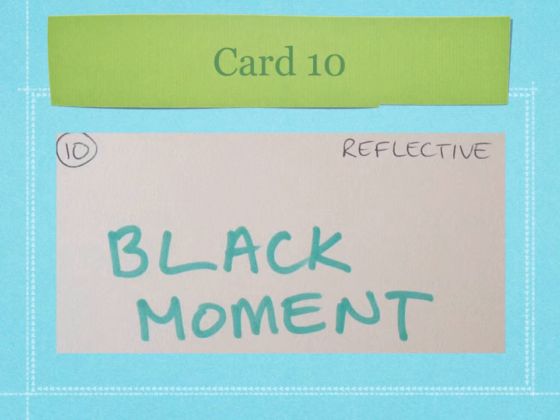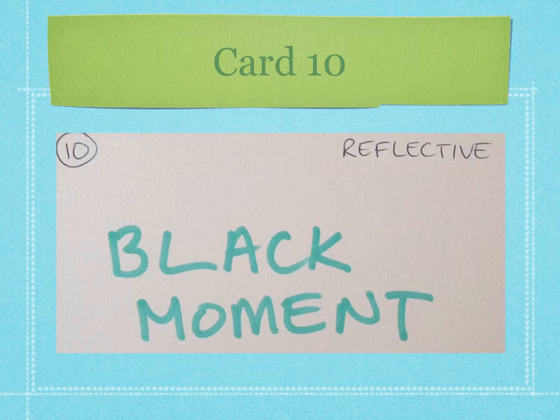All of which then leads into card number 10, which is the black moment. So they've done as much as they possibly can to get through the ticking clock section, and it's still going to blow up in their faces, okay? So this is the black moment, which is a phrase that's very familiar to a lot of romance writers and readers. It's very reflective, okay?